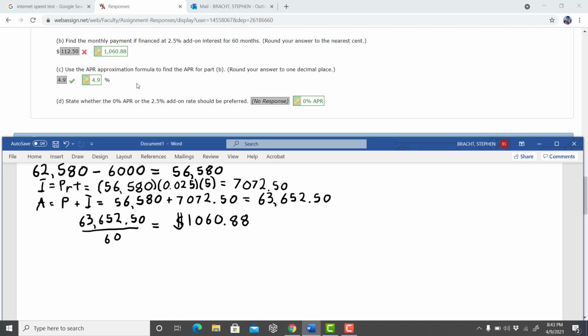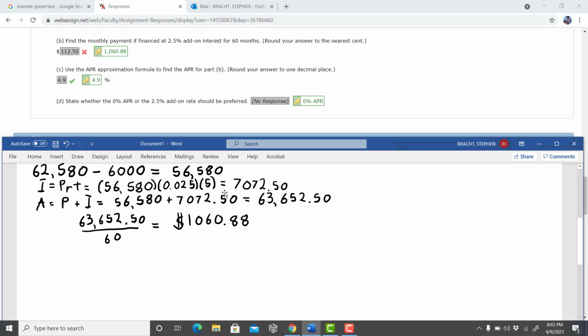Part D basically says to state whether the 0% APR or the 2.5% add-on rate would be preferred. Keep in mind that the $6,000 rebate can only be used with the 2.5% add-on rate.